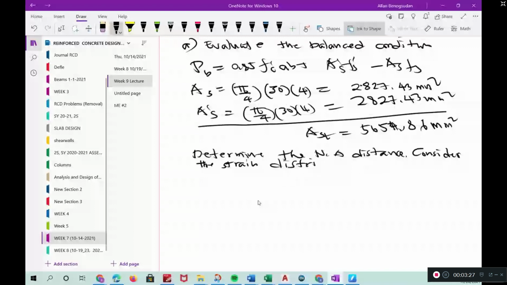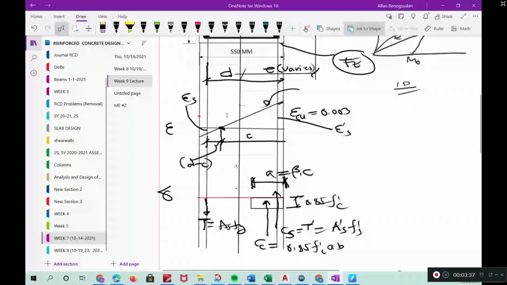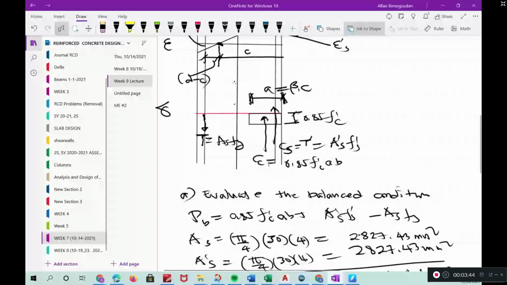That's how we diagram. This is actually this. This is it. Okay, strain distribution. So how do we do that?